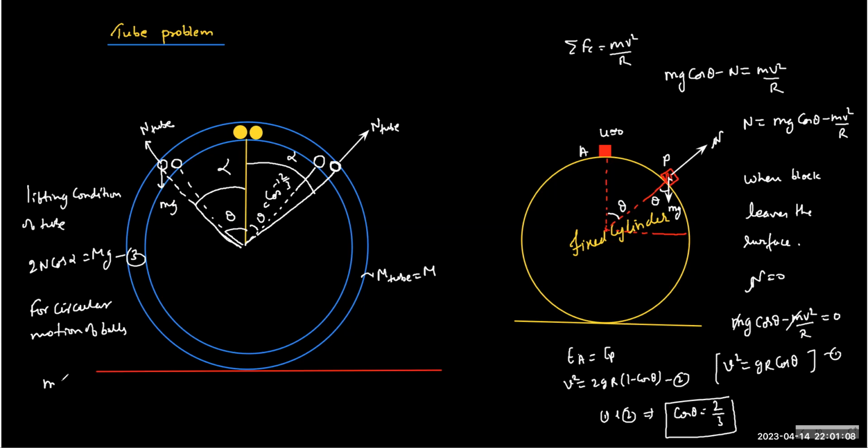So mg cos alpha plus N is mv square by r. And the third will be conservation of energy. This V will be the V at alpha. So you have to use these relations to solve.